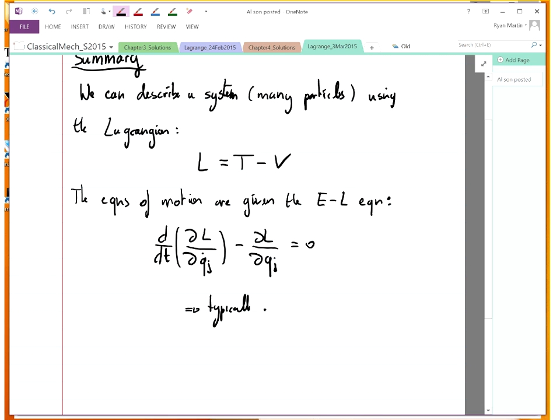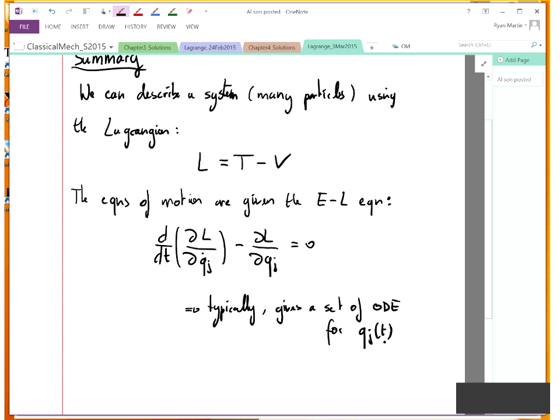So this leads typically, it gives a set of ordinary differential equations for the functions q_j of t. Remember, q_j are the generalized coordinates of the system.